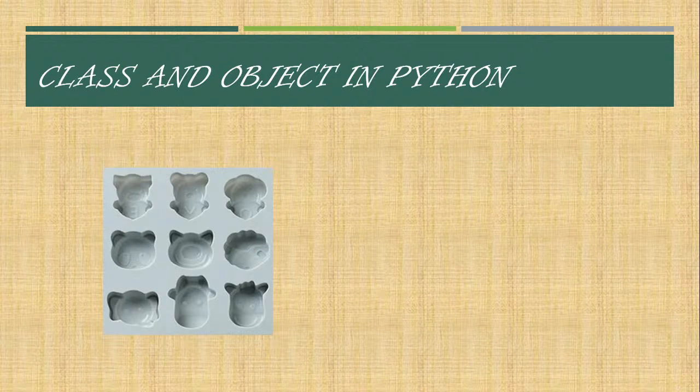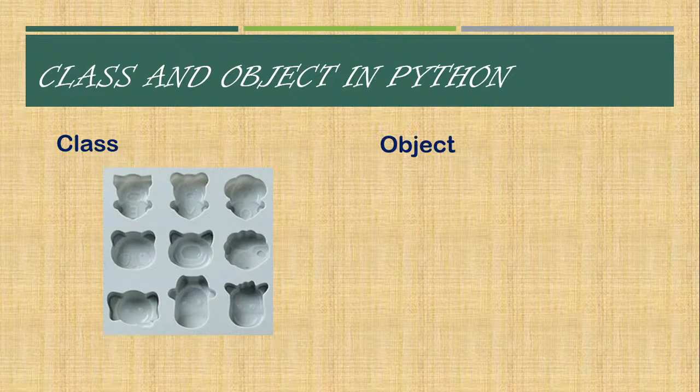Let's consider another example. Over here we have some molds. Suppose there is a particular mold, so a particular type of toy could be created by that mold. Suppose there is a mold for Mickey Mouse, so only Mickey Mouse will be created.